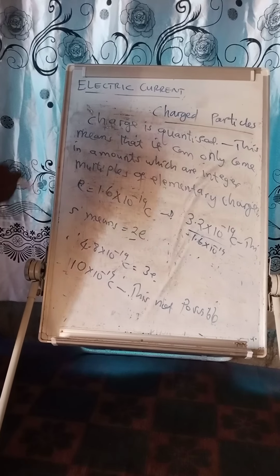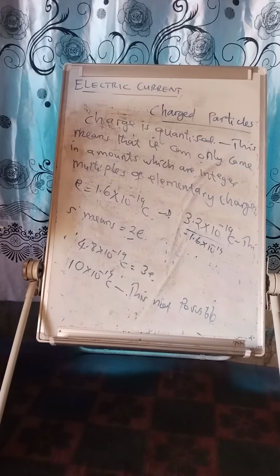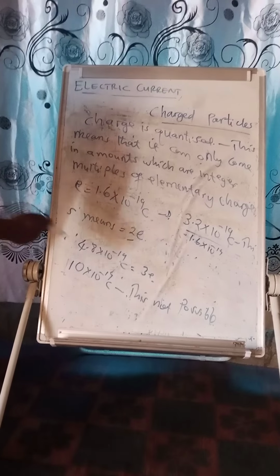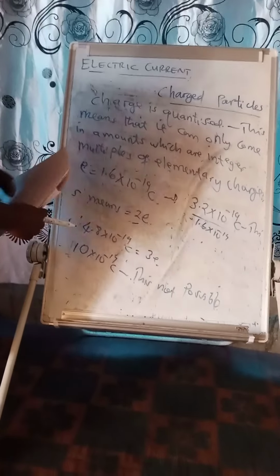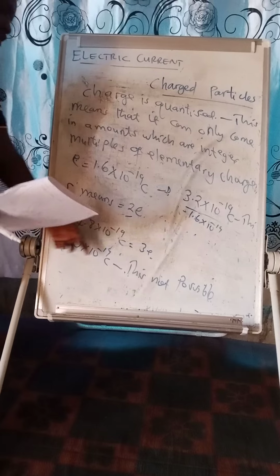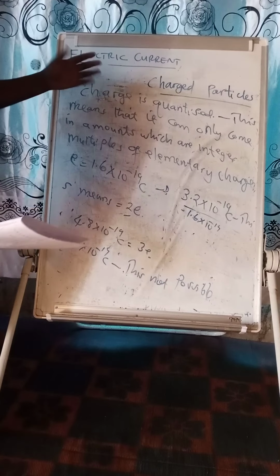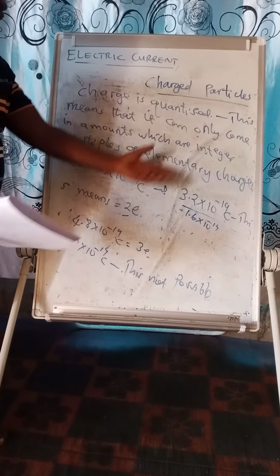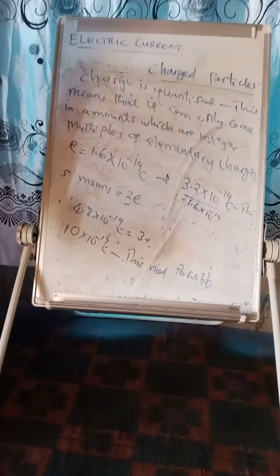It gives a decimal number, so the charge is not quantized. The charge is quantized only when it is an integer multiple of the elementary charge.